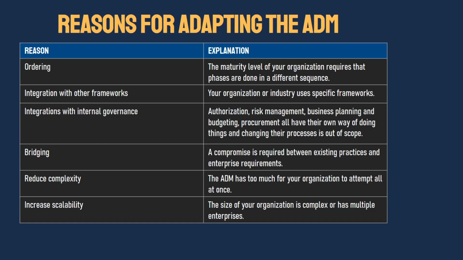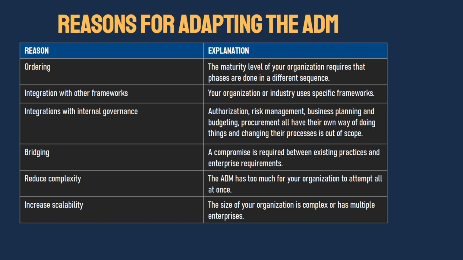Sometimes you just want to adapt the ADM because it is just too complex. It has too much to handle all at once. But there are some great ideas that you can take out of the ADM and start to implement to make better and stronger decisions.